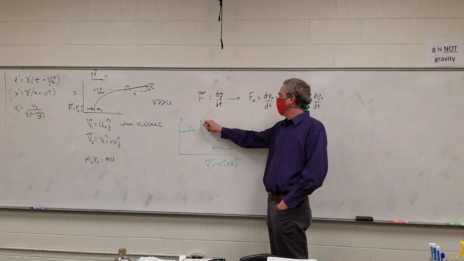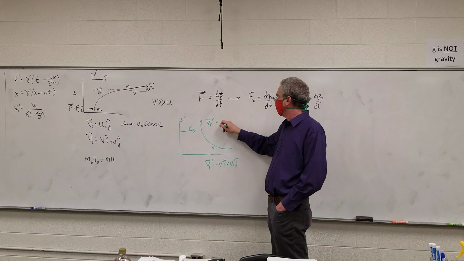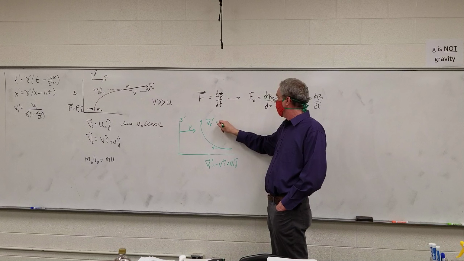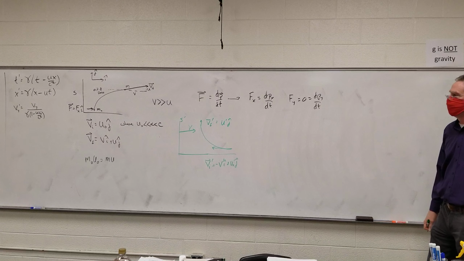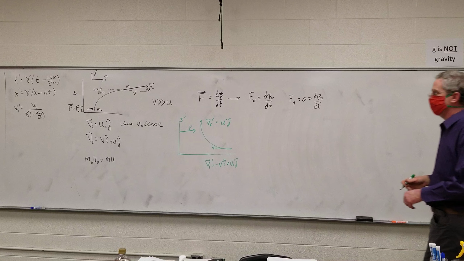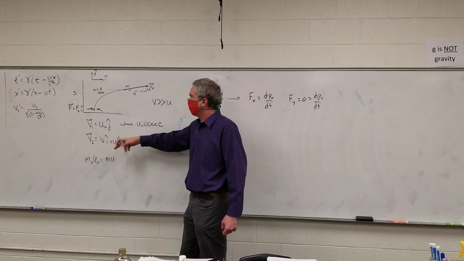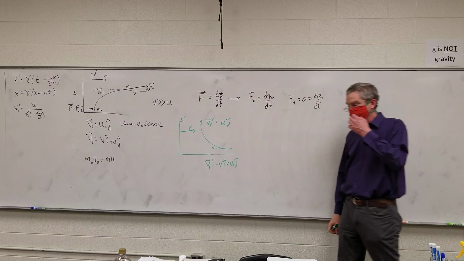And at this point right here, my v final in the prime frame is equal to, well, the i component's gone, and it's now u prime j. It's still u naught prime at the bottom because it's the shift of that initial velocity. u naught is close to 0 here. u naught prime does not necessarily have to be close to 0.